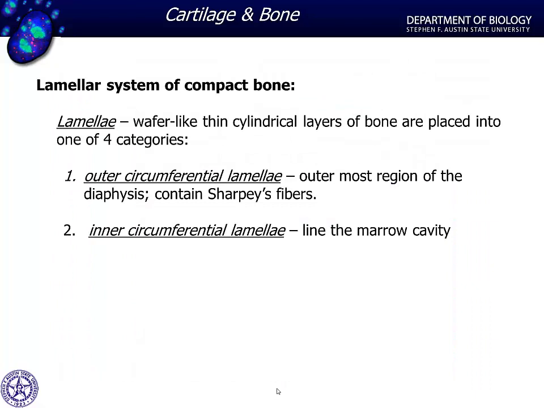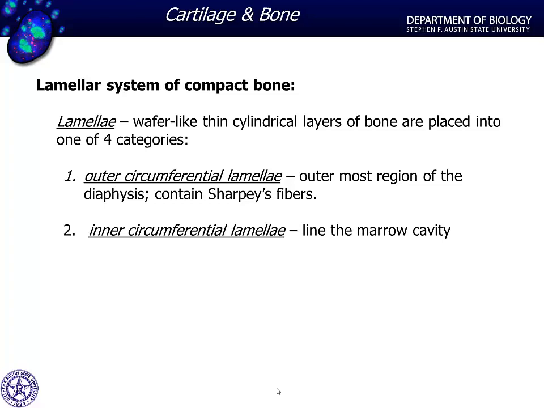Now, to get a little more detail about the organization of bone, we're going to look first at compact bone. And our compact bone, even though its unit is going to be osteons, those wedding cake-like concentric ring structures, and you think of them like the rings of a tree. In this case, when we're looking at these outer portions of compact bone, we're going to see that they are laid down in sheets or lamellae, almost like wafer-thin sheets.